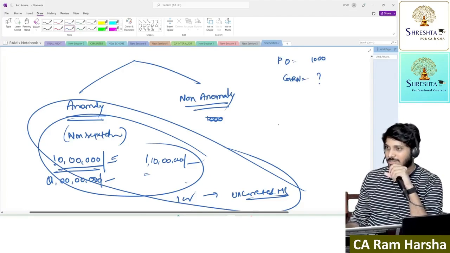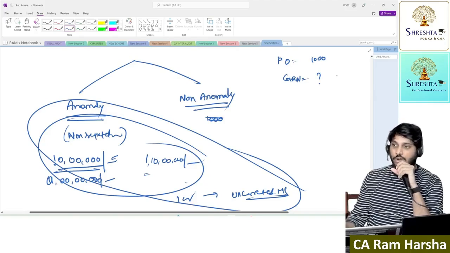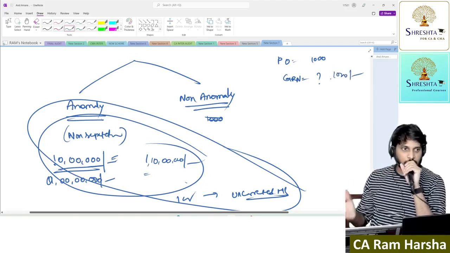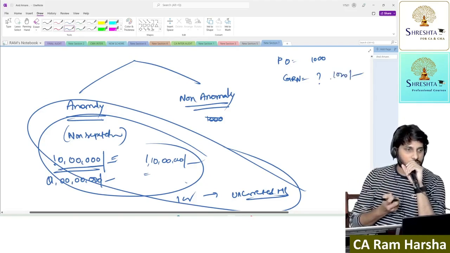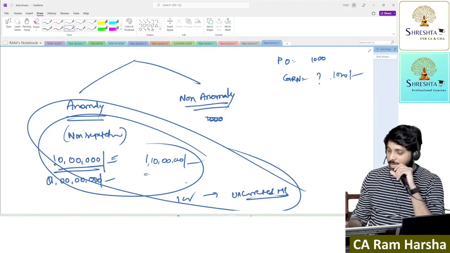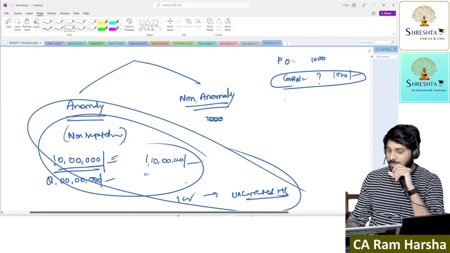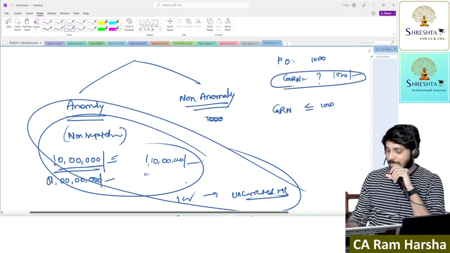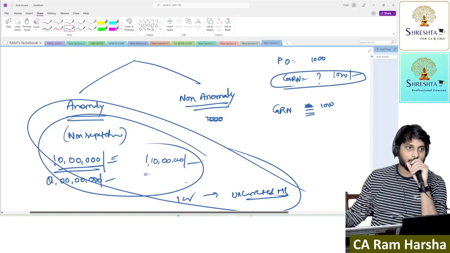Maximum 1000. While writing the program, they should have written less than or equal to 1000. They ignored the words less than. They used only equal to.